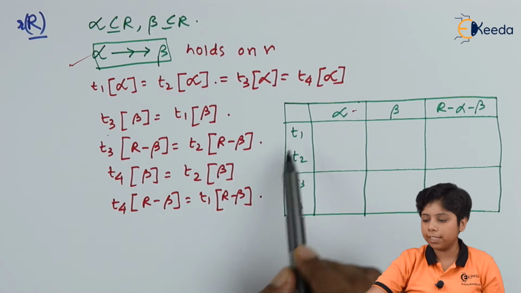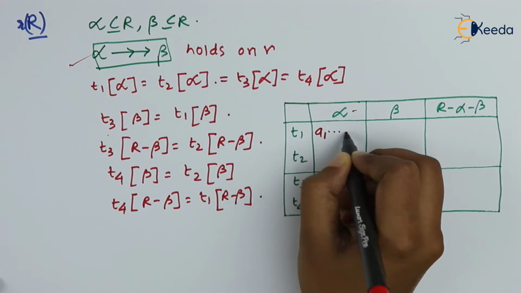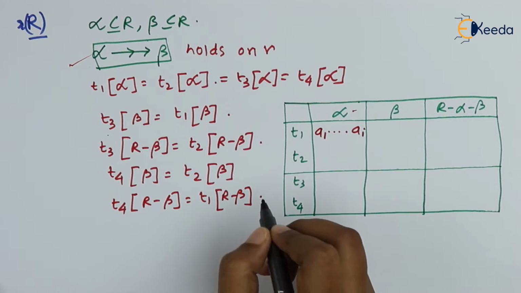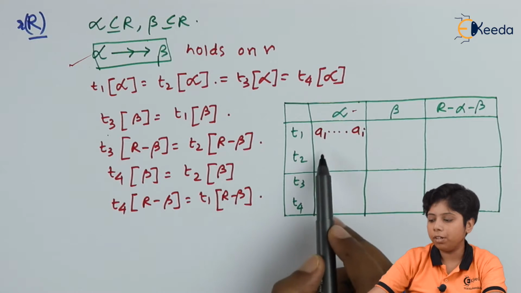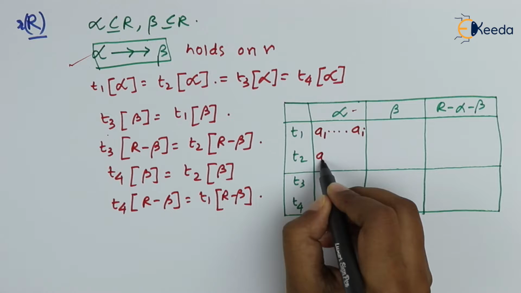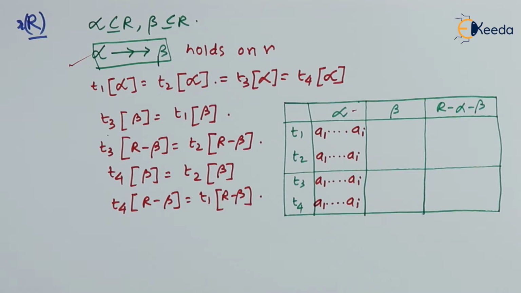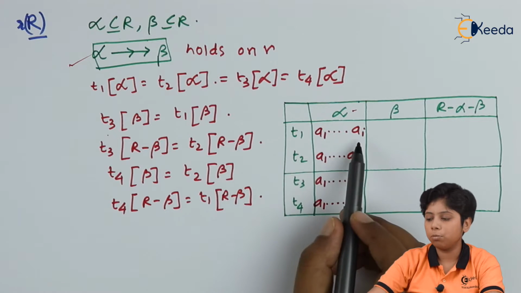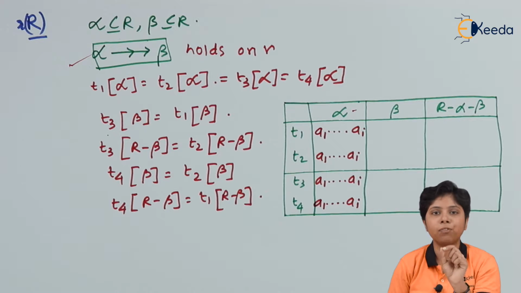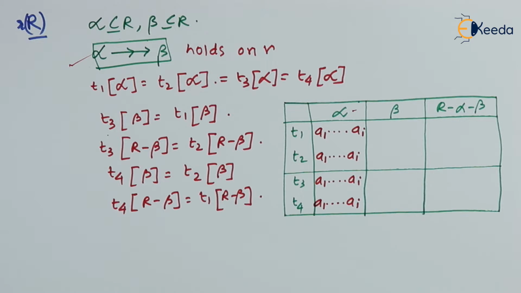Now what should this t1 look like? For alpha, we know that every value of t1 to t4 should be the same. Starting from A1, it should move to Ai, that is the ith value of that particular attribute A. Now the beta will start from Ai plus 1 and it will move till Aj.